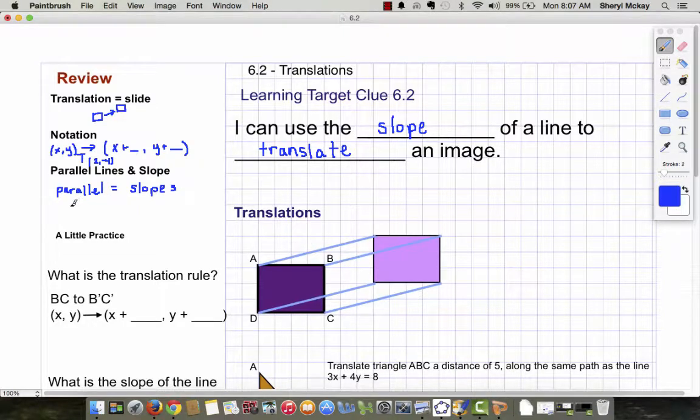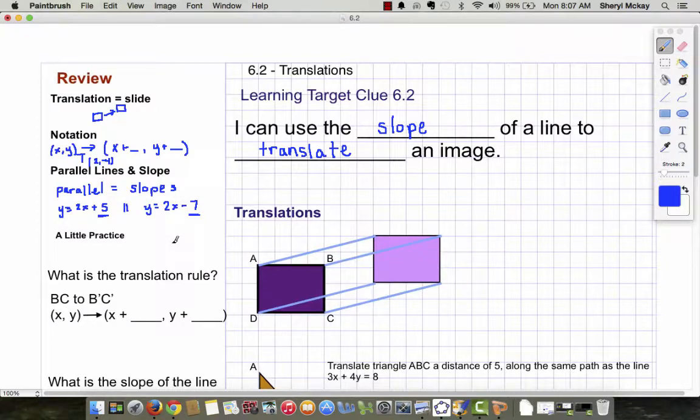So if I have the line y equals 2x plus 5, well, that is parallel to y equals 2x minus 7, okay? Because the only thing that's different about them is their y-intercept.